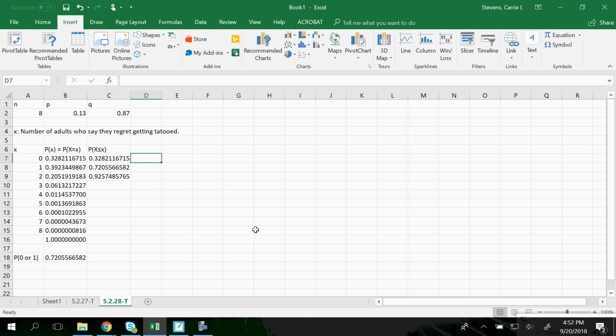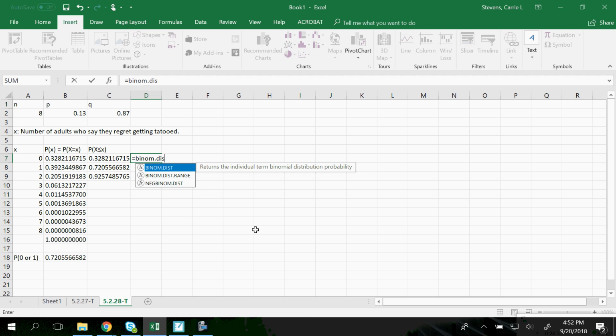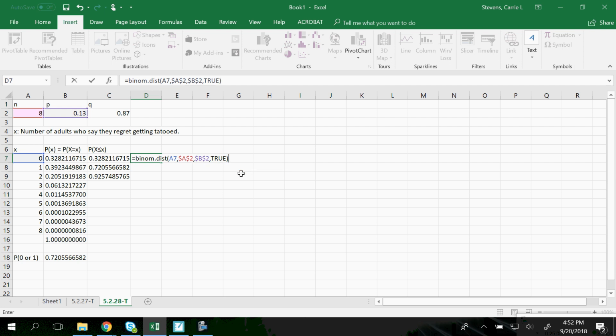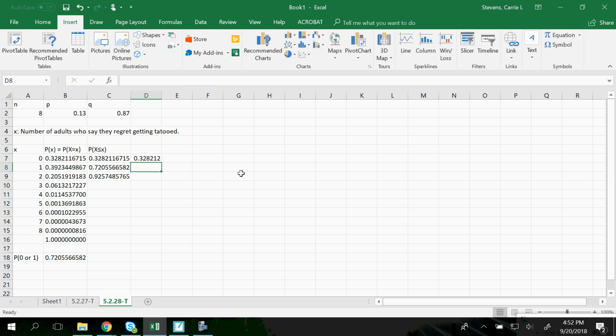But you can do that with the binom distribution, again with the number of successes. The number of trials, absolute. The probability of success, absolute. And cumulative this time we'll say yes. So that's going to give you the probability of X or fewer. You see how I did it? And I'll just do it for us. You see how these all match? The ones I did myself, I did them by hand.